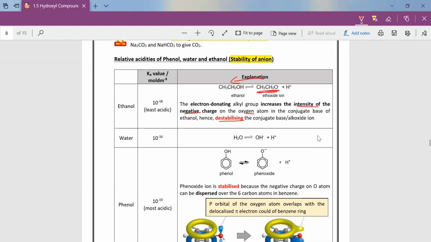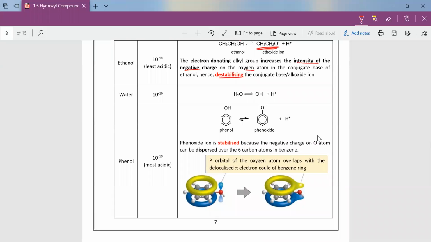Then we look at phenol. The negative charge is dispersed into the ring, so it causes the phenoxide ion to be more stabilized, therefore the equilibrium will shift to the right, giving us more H+. That's why it is the most acidic among the three.